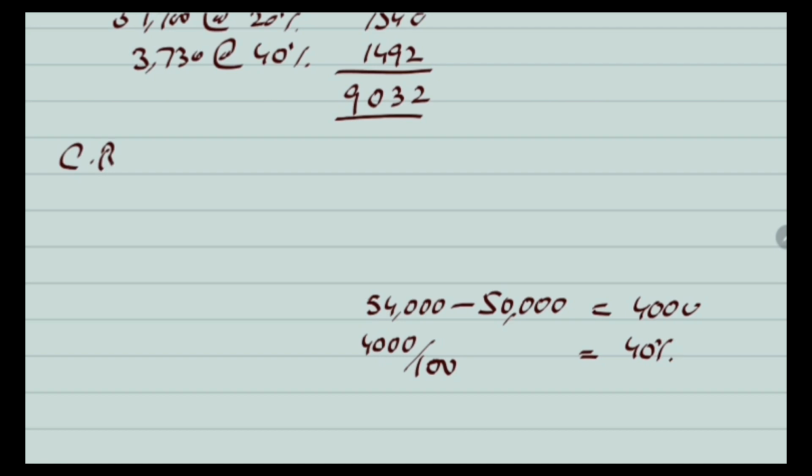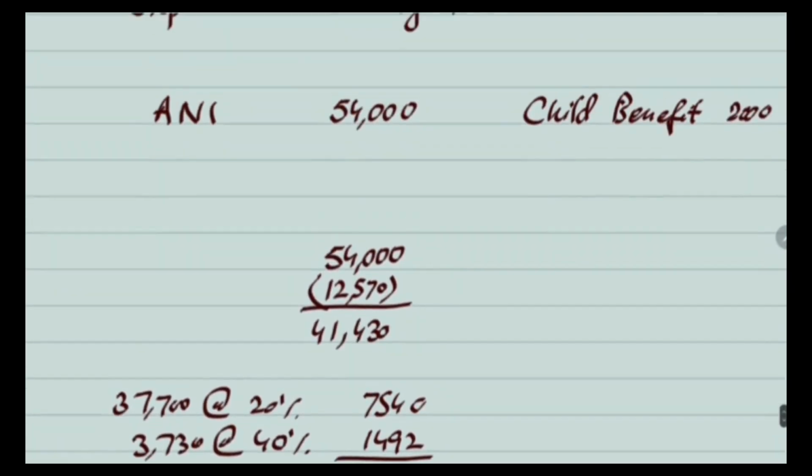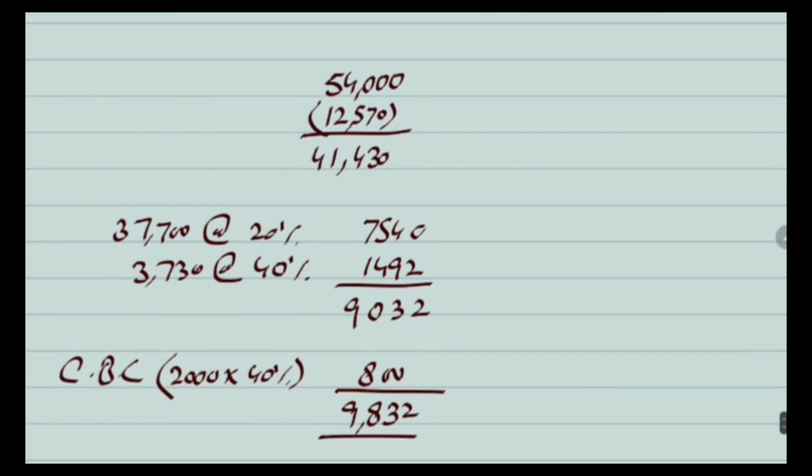Now the child benefit charge is calculated as child benefit payment multiplied by this percentage, and this will be 800. So the 800 amount would be added to his tax liability, and his total tax liability would be 9,832. So as a result of receiving child benefit payment, a person has to pay tax on child benefit, which is said to be the child benefit charge.